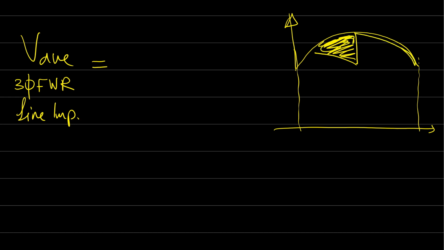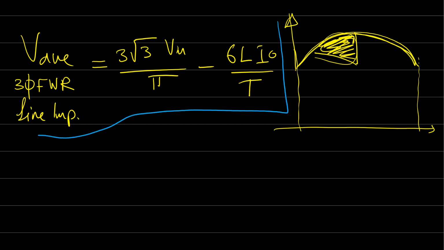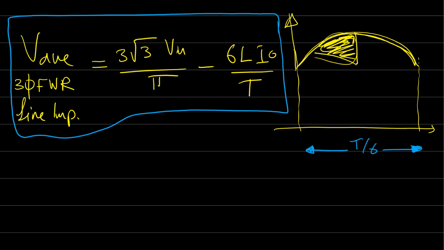The average voltage for this one is the square root of 3 times V maximum over pi, and we just found this value here. The average for this value is how much? 6 L I out over T. And this is the average voltage for the three-phase full wave rectifier with line impedance.